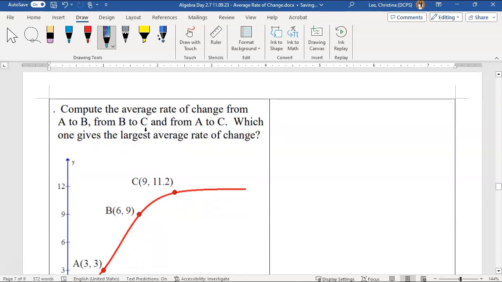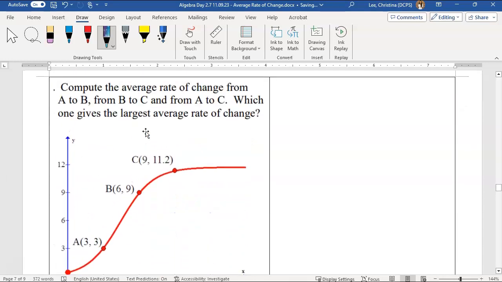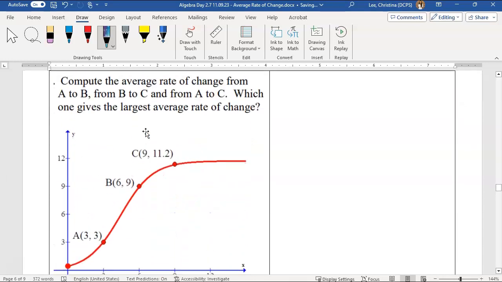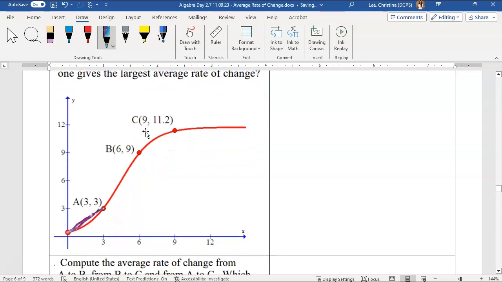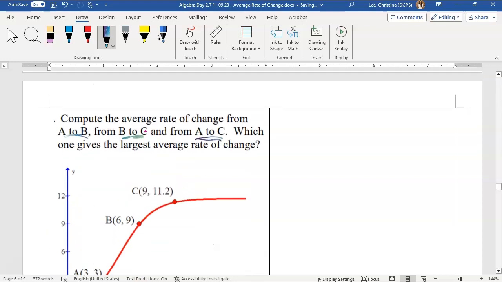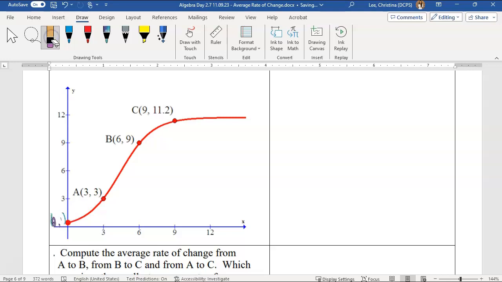I'm going to go back to this classwork real quick just to show you an example from this one. The average rate of change from A to B, B to C, and A to C. So from A to B, we're looking at from here to here. Our starting value, we can probably estimate, is 1 to 1, let's say. Or 0, 1 rather. And so here, oh, I'm sorry, it says from A to B, not from that point to that point.